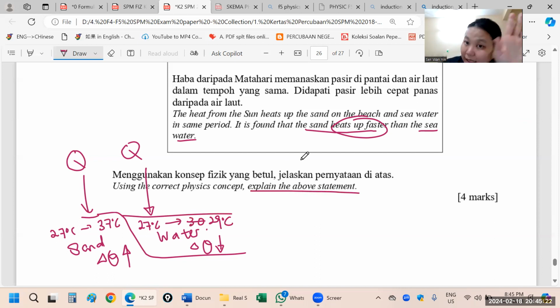They are not asking you about sea breeze or land breeze. They are just asking why heating up faster means the rise of temperature is different. Why? Use back our formula.